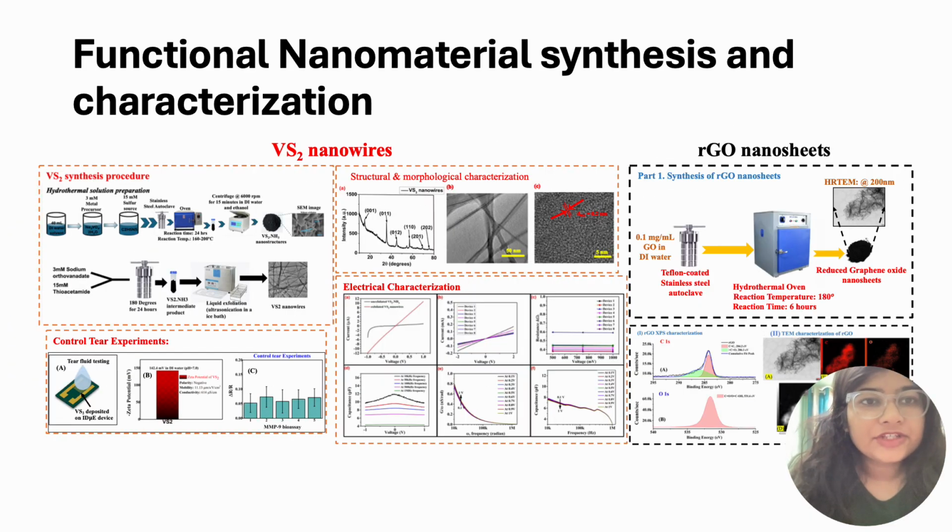Next is functional nanomaterial synthesis. We have synthesized 2D nanomaterial vanadium disulfide nanowires and reduced graphene oxide nanosheets. So 2D material provides excellent electron transport between the bioreceptor and our electrode.